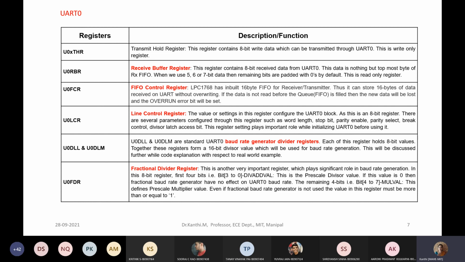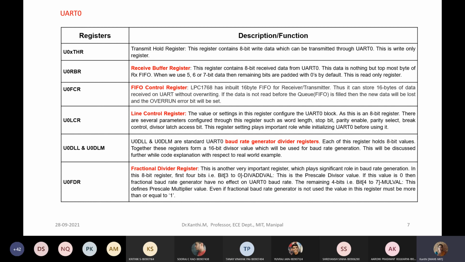You have the fractional divider register. Bits 0 to 3 are 0 when the fractional baud rate generator has no effect, but the remaining bits 4 to 7 define the prescale multiplier value.